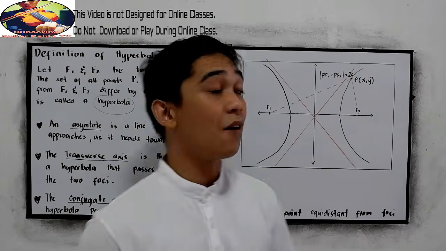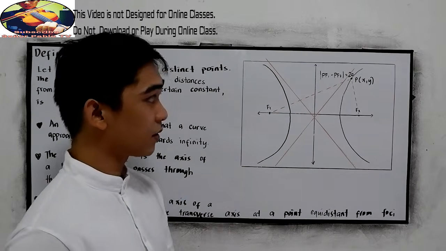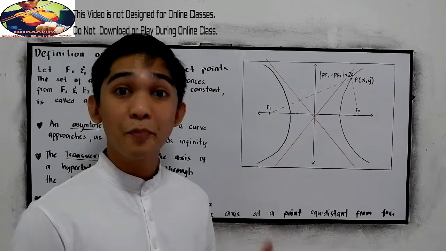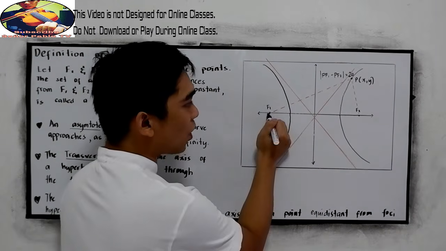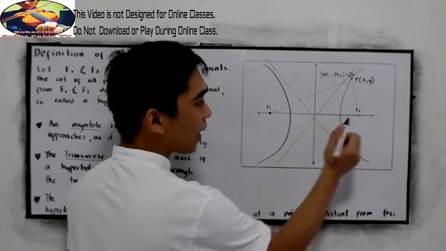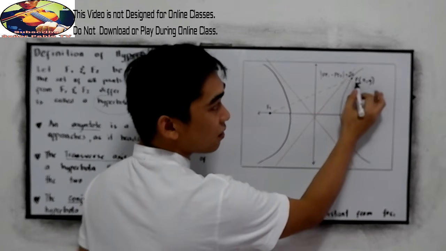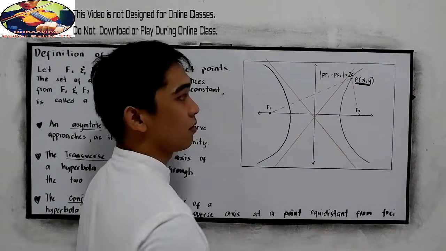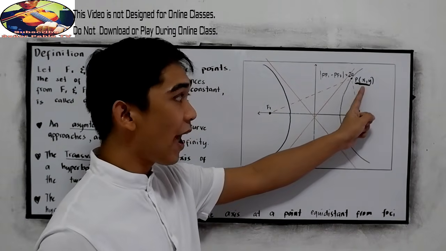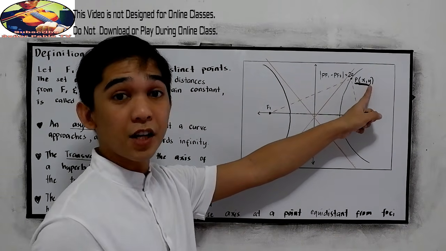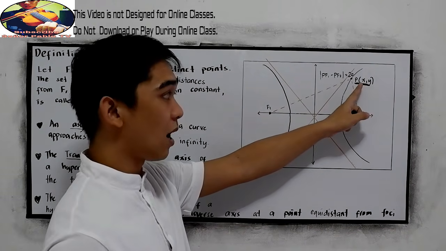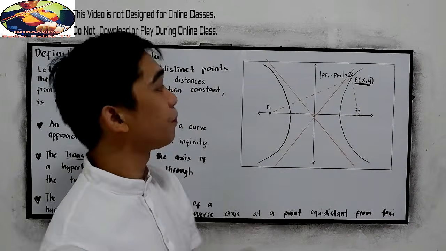So let's say we have here the graph of a hyperbola. This is our f sub 1 and f sub 2, and let's say P is the point. A point consists of the x coordinate and y coordinate, or the abscissa and the ordinate.